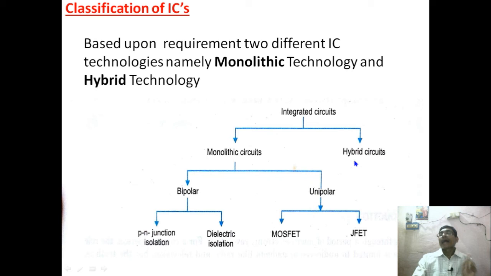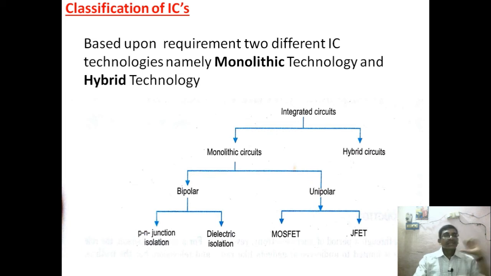But in hybrid circuits, we fabricate each circuit on a different chip, and inside the IC, these chips are joined using wires or something else. So in a monolithic IC, the entire circuit is fabricated in a single chip. In a hybrid circuit, each individual circuit is fabricated in different chips, and these chips are joined to form one integrated circuit.